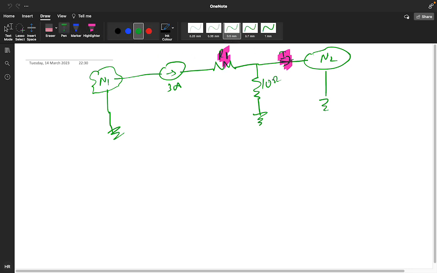So see, I2 value is given as 2 ampere, and R1 value is given as 20 ohm.